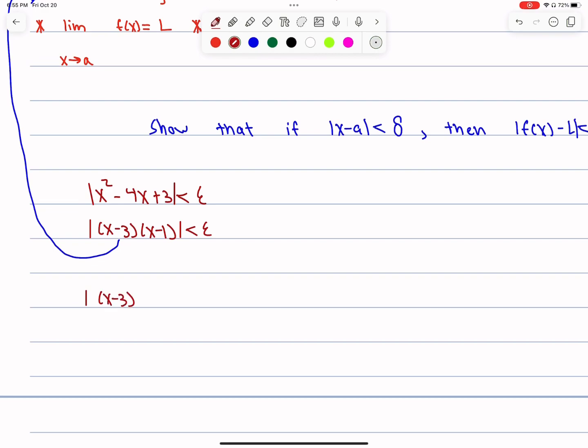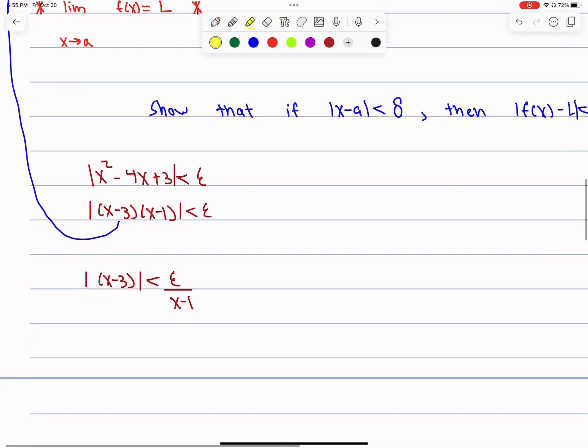As you can see here, x minus 3, a is equal to 3, so we can convert it into that form already by dividing both sides by x minus 1 and isolating the x minus 3. So now that we have it in that form, x minus 3 is less than epsilon over x minus 1, we can say that epsilon over x minus 1 is equal to delta.